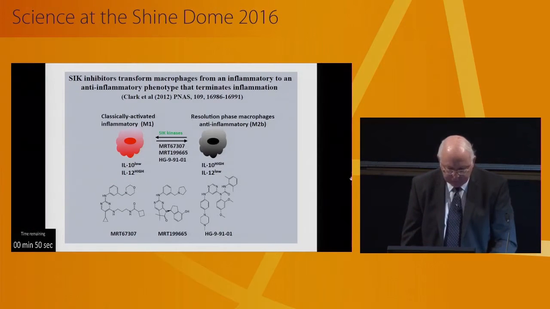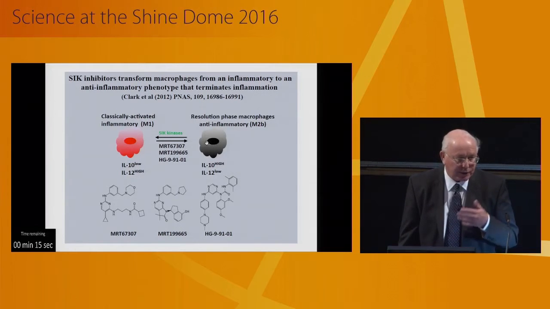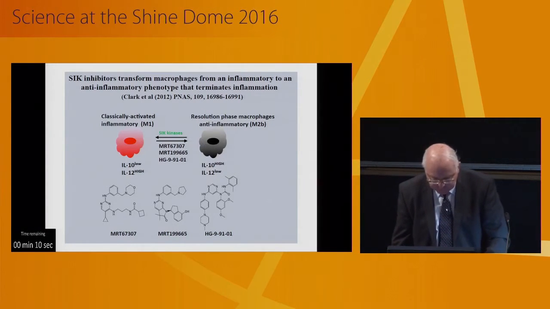So, for example, when this white blood cell called a macrophage is in an inflammatory or M1 state, this is the state you want it to be in to fight invading pathogens like bacteria and viruses. When this has done its job, you want to switch these macrophages to an anti-inflammatory state. Otherwise, you'll get very serious tissue damage, and this will lead to a lot of inflammatory diseases.